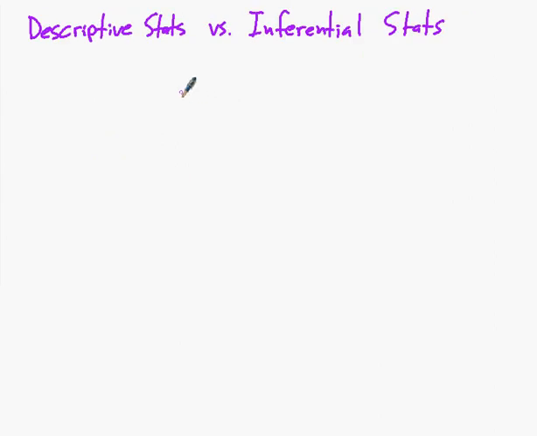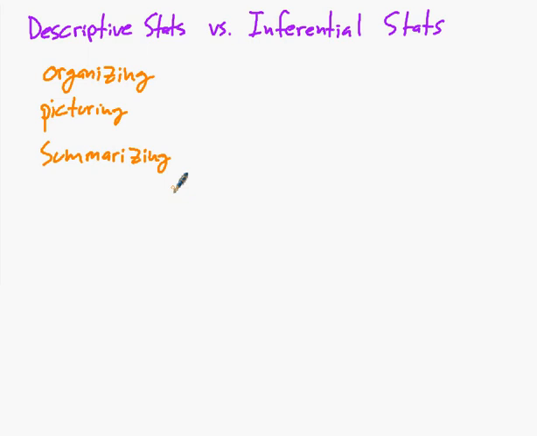The last and quite important discussion is the difference between descriptive stats and inferential stats. Usually, and this is how this course is set up, we're going to start off with descriptive stats. With descriptive stats, this involves organizing data, picturing data.